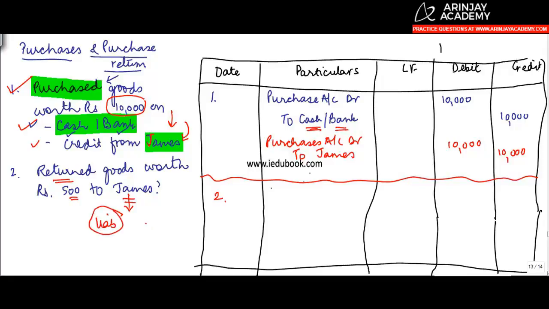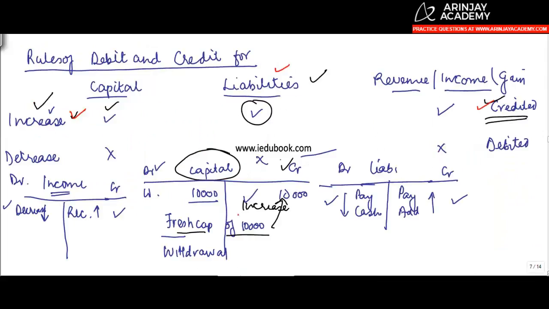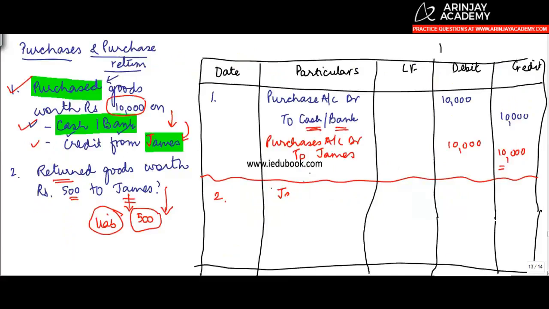I owed him 10,000, but now I will owe him 500 rupees less. So there is a reduction in my liability, and a decrease in a liability is debited. So I debit James by 500.